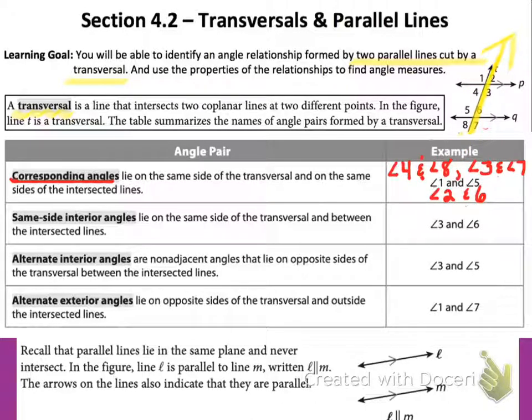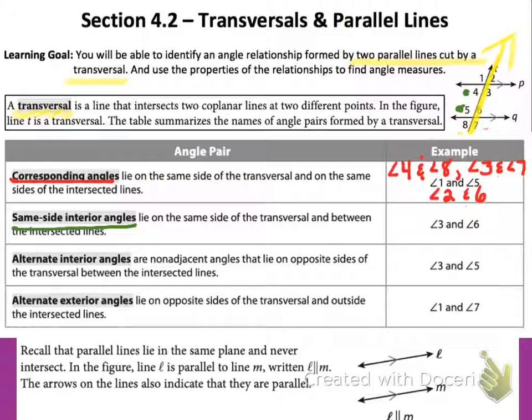Now the next special pair of angles that are formed when two lines are cut by a transversal are called same side interior angles. Just like the name says, same side means same side of the transversal, and interior means between the other two lines. So if we went in between the two lines, P and Q, and then on the same side of the transversal, 4 and 5 would be a pair.